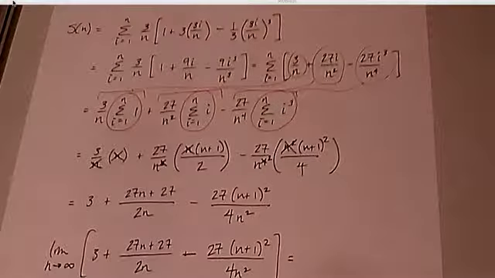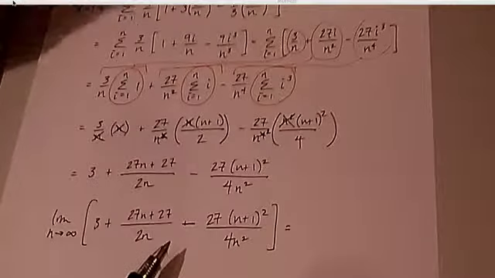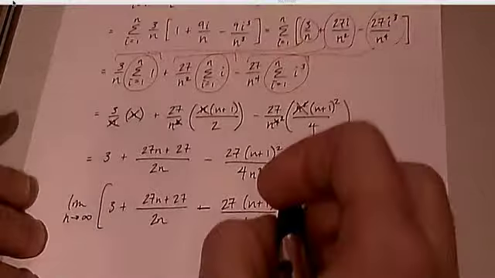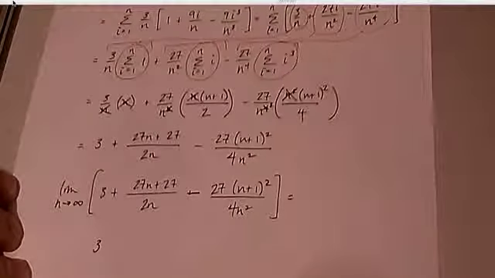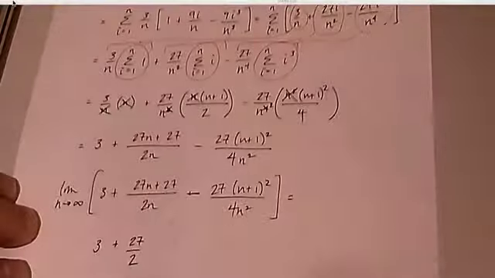Now, as n approaches infinity, what happens to that first term right there? Well, that just goes to 3. What happens to the second term? Well, it has the same degree in the numerator as it has in the denominator, so that's 27 halves.